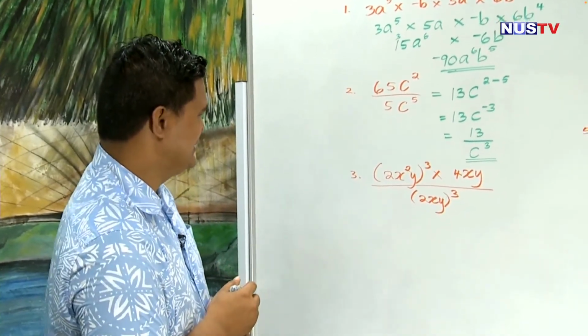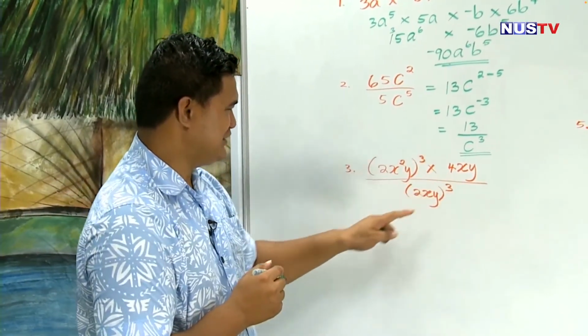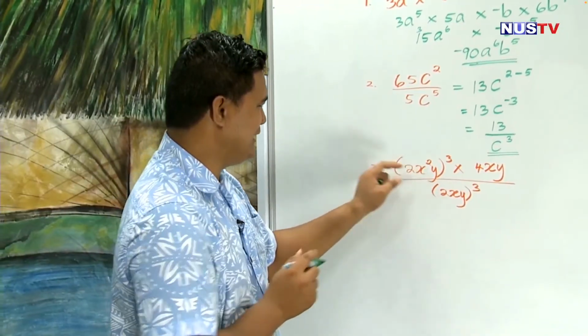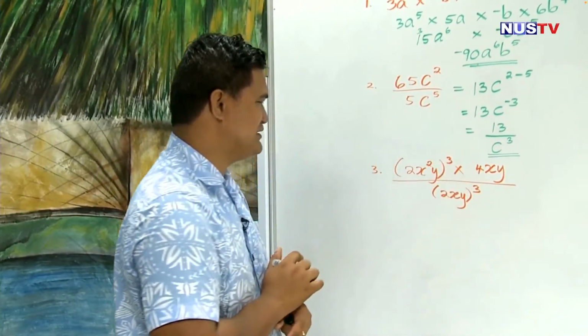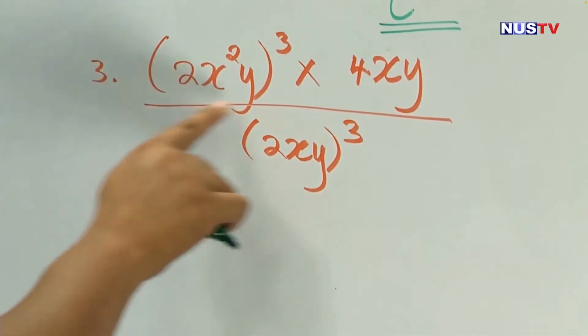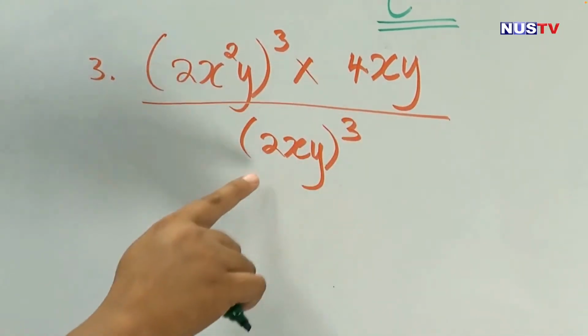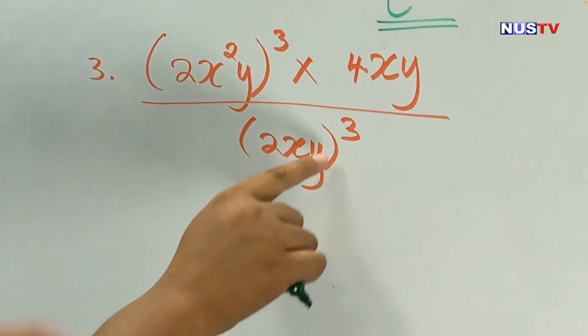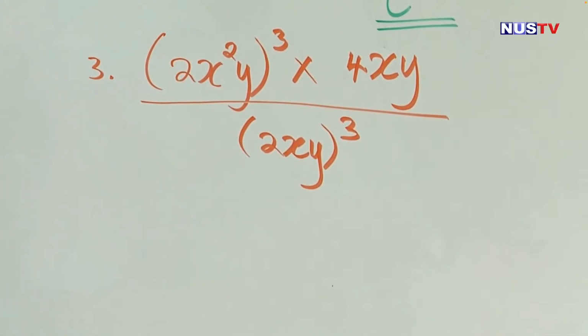The third one, we have the situation on the board. So 2x squared y, all of that raised to the power of 3, multiplied by 4xy, all divided by 2xy all to the power of 3.